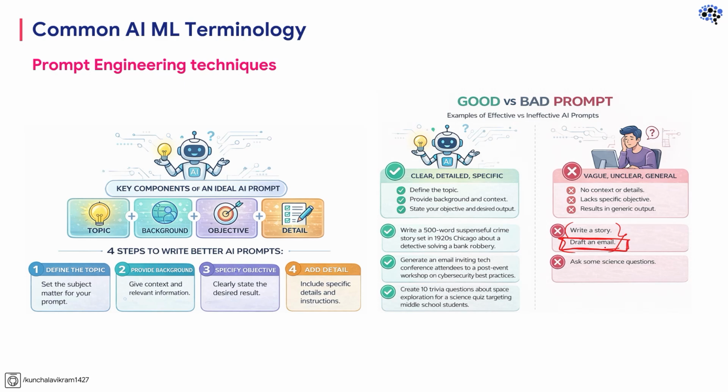What is the context basically? How should an email look? What is the content of that email? We haven't provided any such details to the model. So in this case, the model will try to ask questions back to you, or it may generate a very generic response, right?